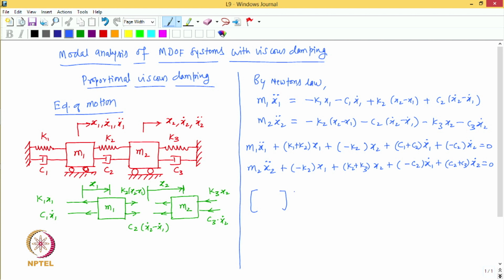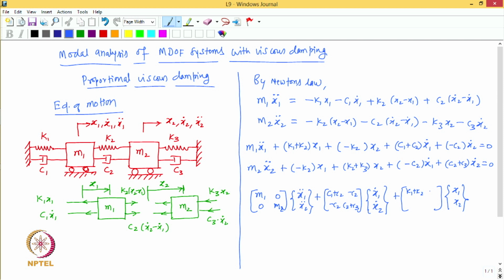So what we get is the acceleration vector x1 double dot, x2 double dot, multiplied by a mass matrix with m1, 0, 0, m2, then the damping terms with the velocity vector x1 dot, x2 dot, and the terms c1 plus c2, minus c2, minus c2, c2 plus c3, and then the displacement vector x1 and x2, with the matrix terms k1 plus k2, minus k2, minus k2 and k2 plus k3, and this is equal to 0, 0.